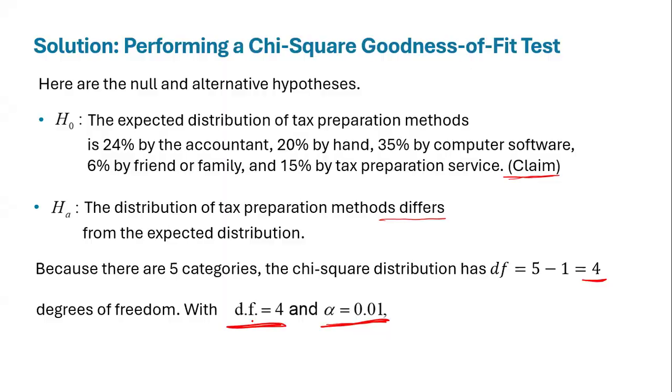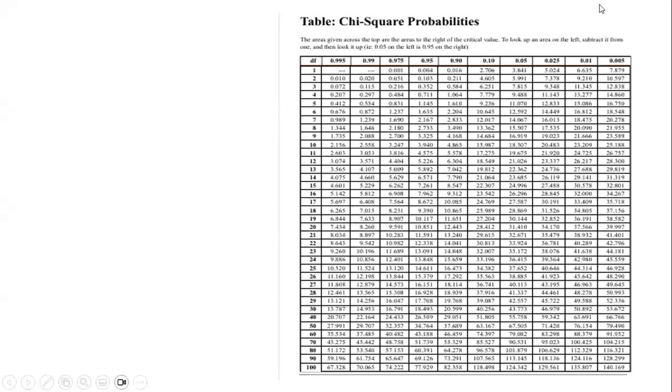Now I look at the chi-square distribution, which is this table. With degrees of freedom 4 and alpha 1%, we end up with this answer. This is the critical value. So my critical value is 13.277. Since the chi-square test is always a right-tail test, you always assume that the rejection region is the right tail.